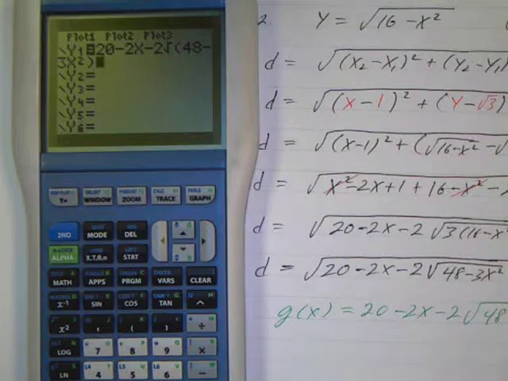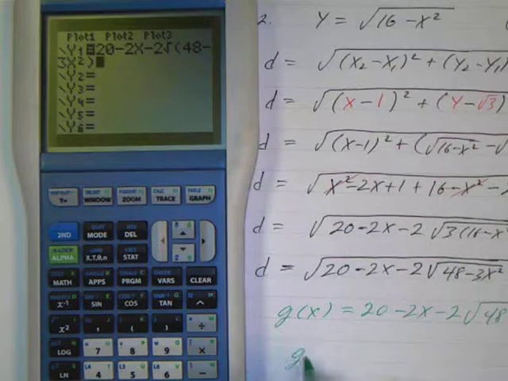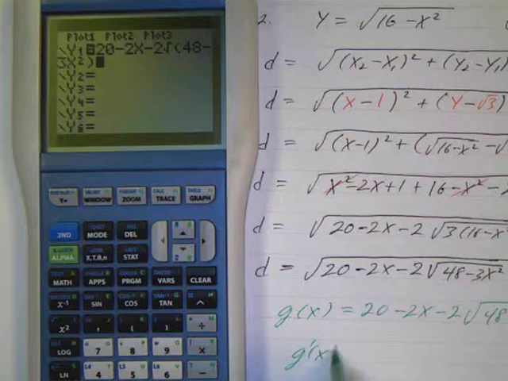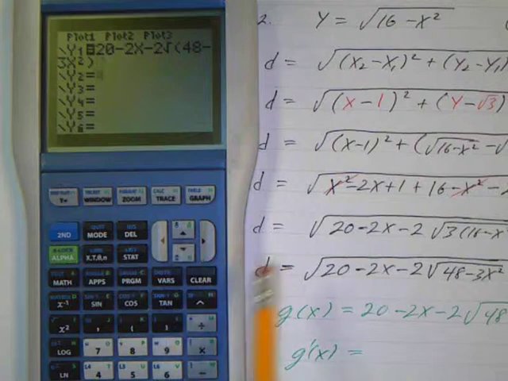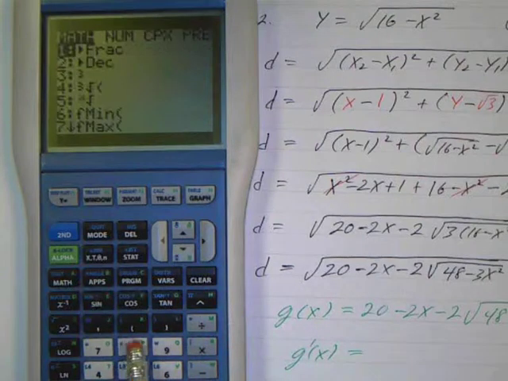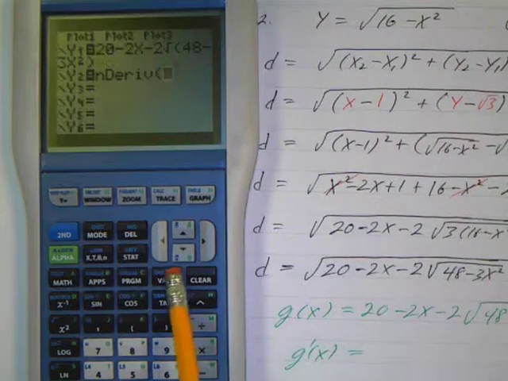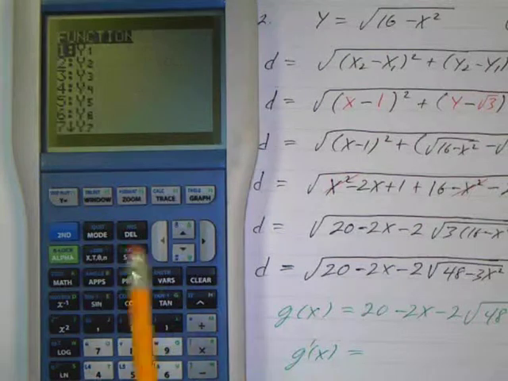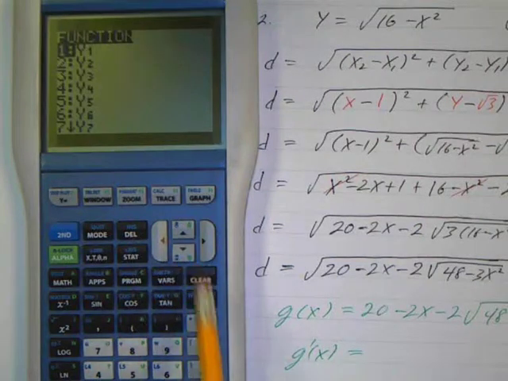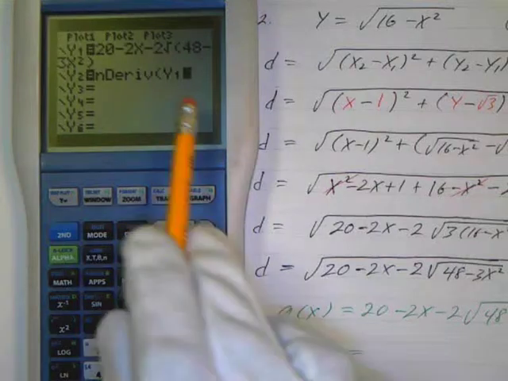Now we want to take g prime of x. So g prime of x is what we're looking for to find the minimum. Now this won't tell me what it is, but remember I can go down here to the second one, and I can put math 8, because that's going to take the derivative, and I go var, y vars, enter, and that's going to put y1 in there, so I'll select enter, and that's y1, which is up there.